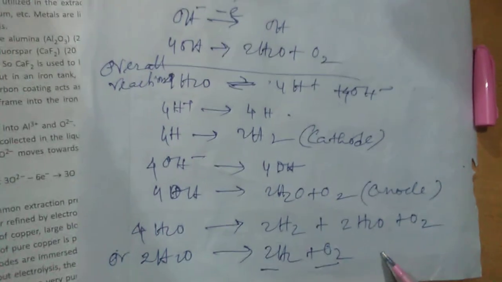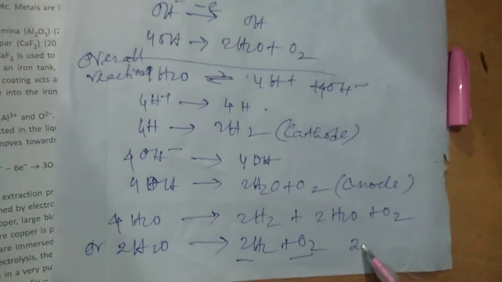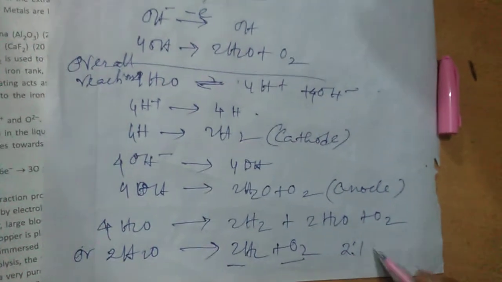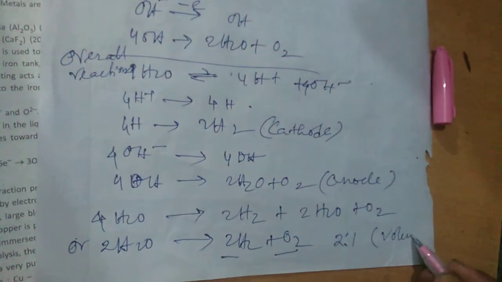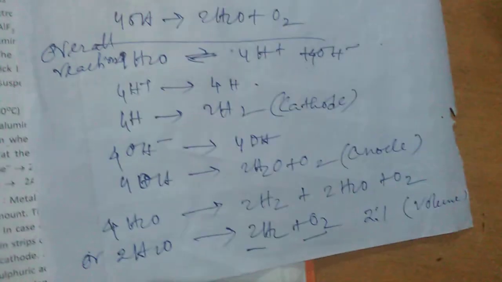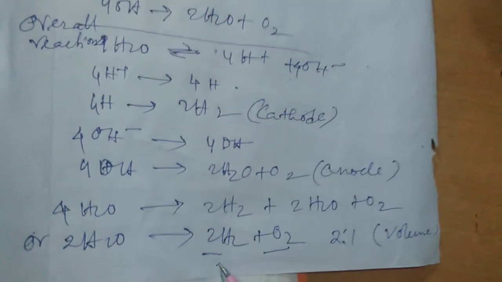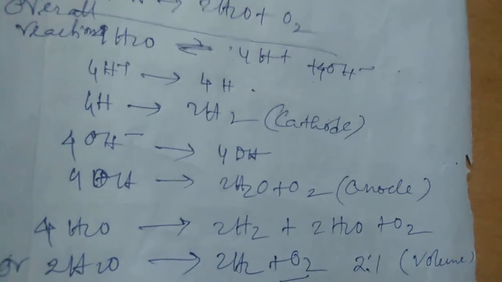So the ratio of hydrogen to oxygen at the two electrodes is a 2:1 volume ratio, but it is not the weight ratio or mass ratio, because 2 H2 has molecular weight 2 into 2.